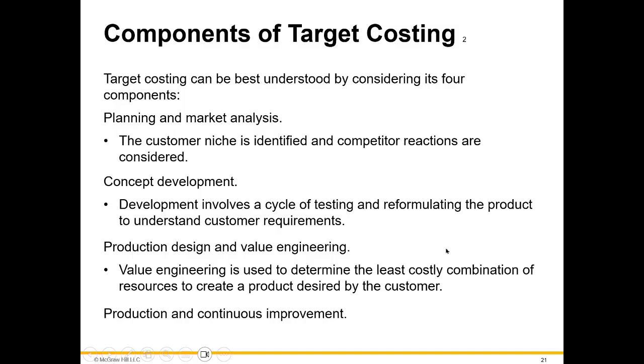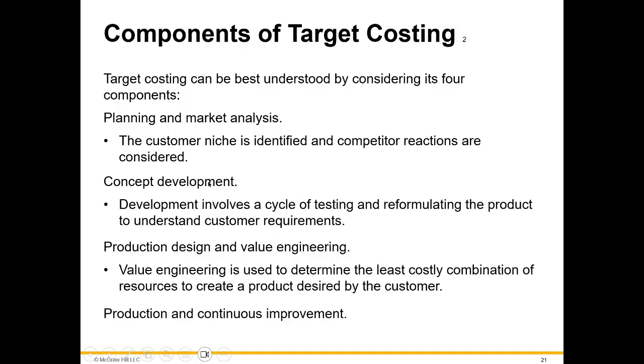So components of target costing. There are 4 here. Planning and market analysis. Can we set the right price? Can we understand our competitor, understand our customer? Concept development. So we're going to come up with a concept.